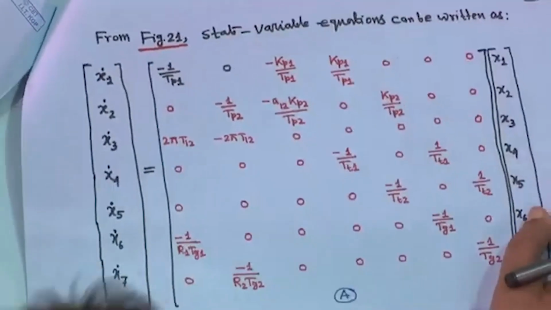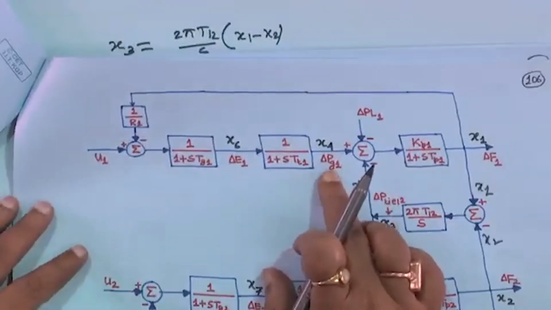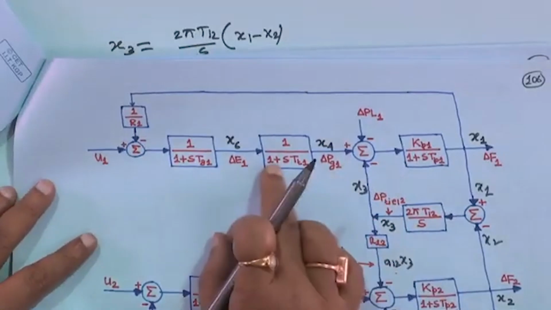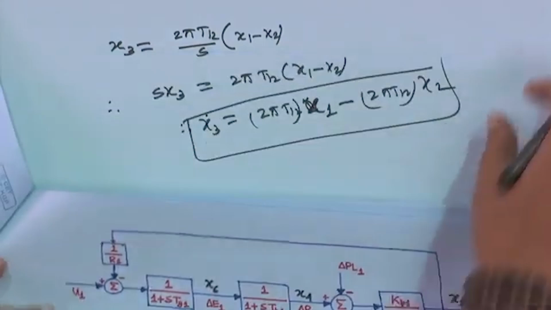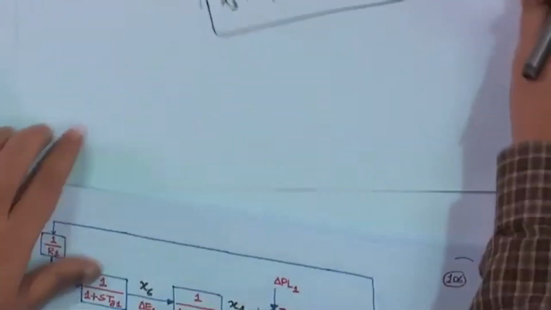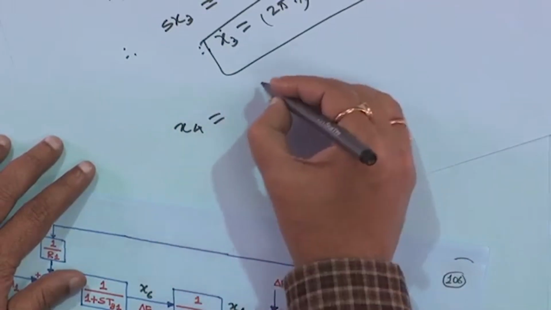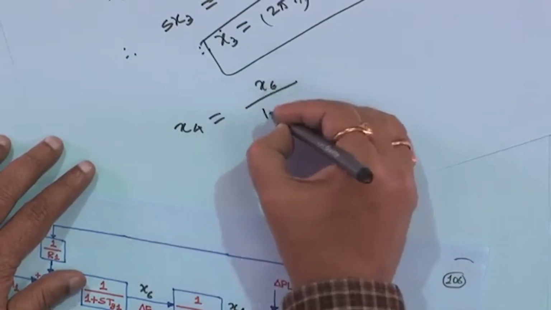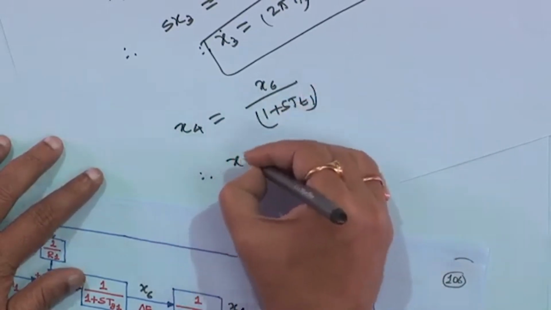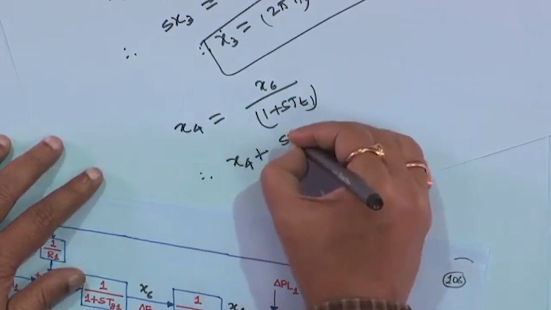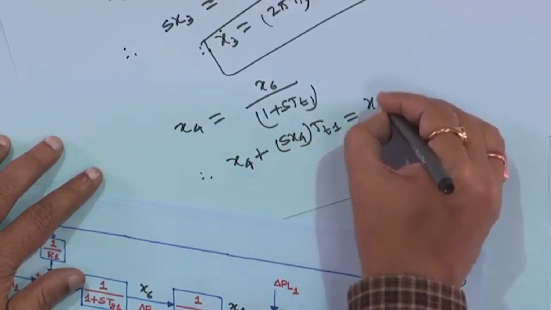Next is your x4 dot. So, this is my x4. x4 is equal to x6 upon 1 plus s TT1, right. So, x4 is equal to x6 divided by 1 plus s TT1, right. That means x4 plus s x4 into TT1 is equal to x6.